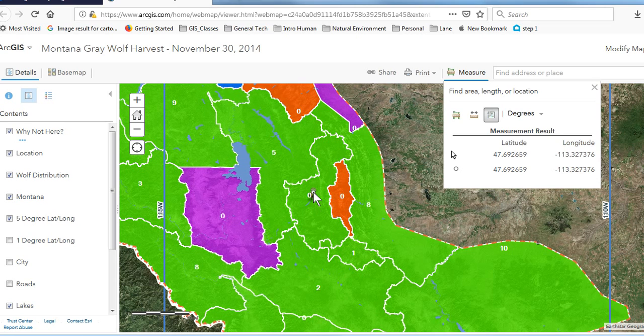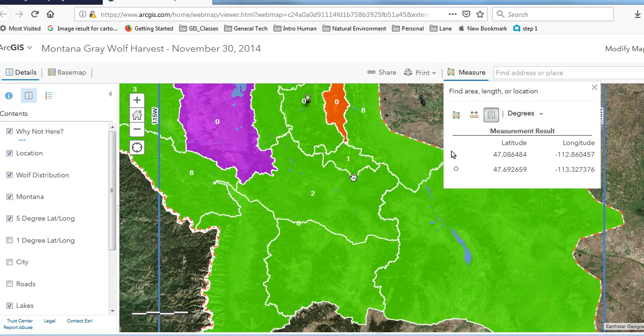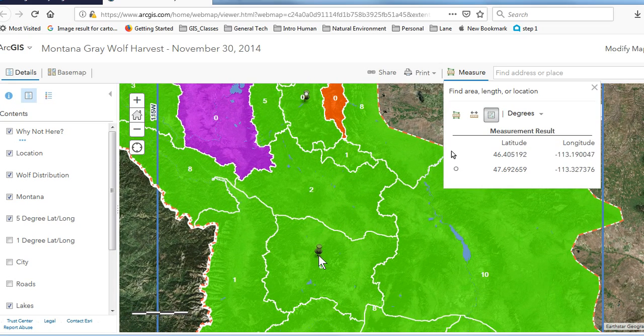It would have been 46, 47, 48 degrees north latitude and a negative 113 west longitude, and then the southern pin would have been 46 degrees and minus 113 west longitude. So either of those two answers would have been fine for that.